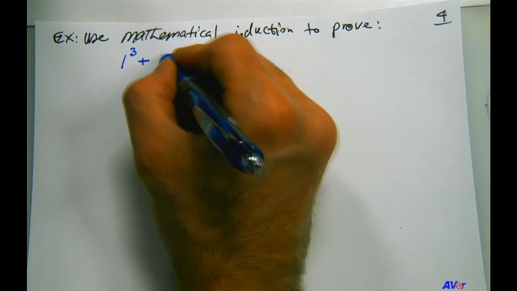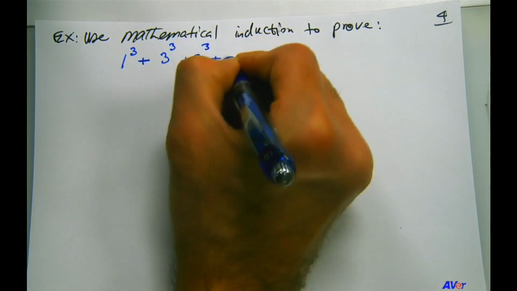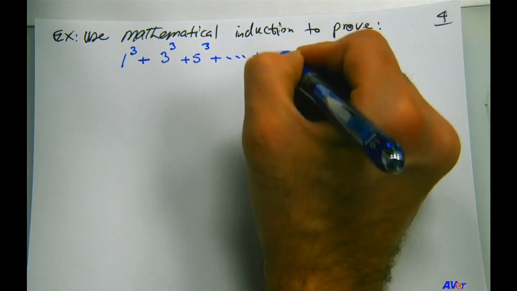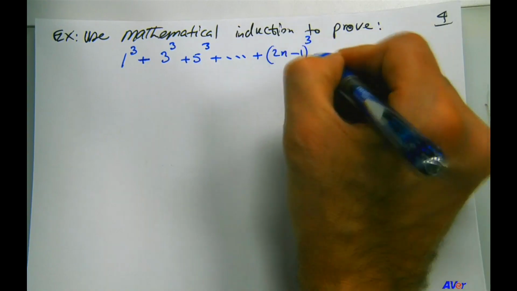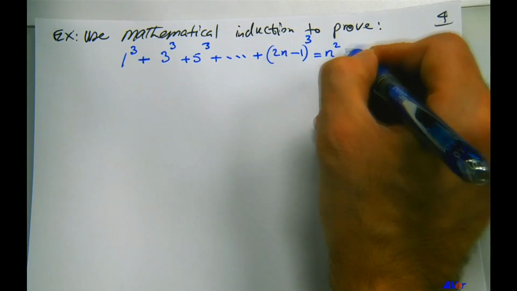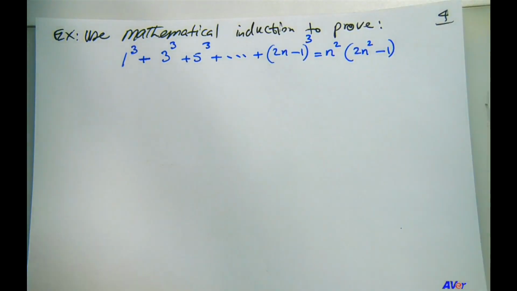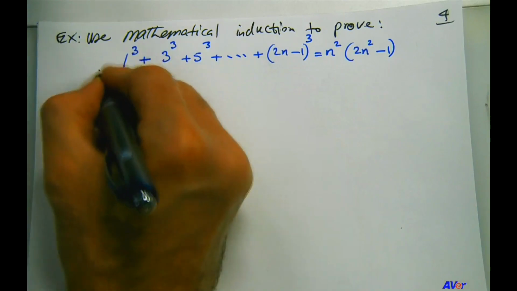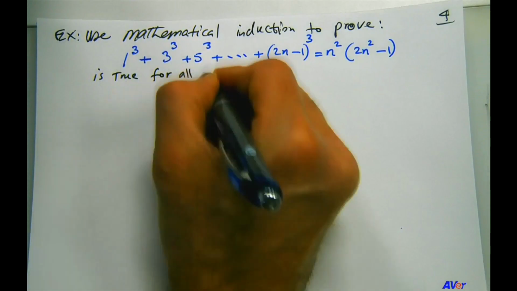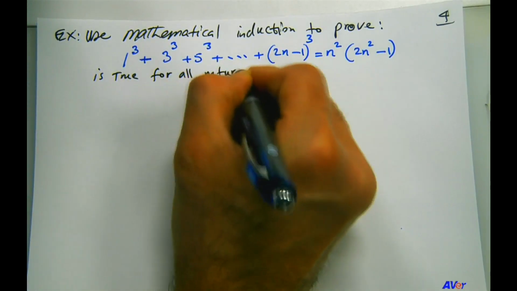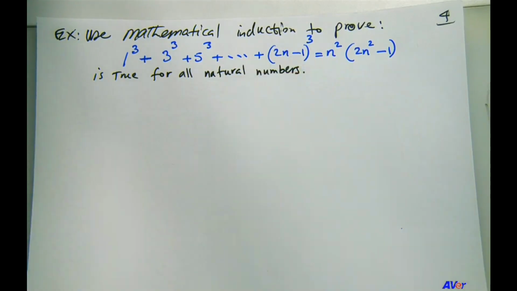This is 1 cubed plus 3 cubed plus 5 cubed plus and so on, up to 2n minus 1 cubed equals n squared times 2n squared minus 1. To prove that this is true for all natural numbers. Okay, just like the one before.